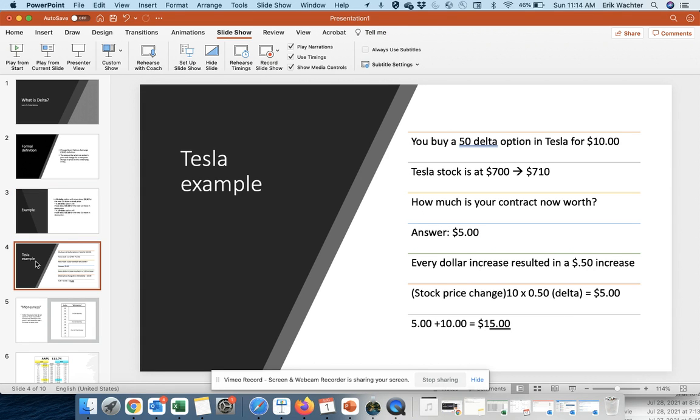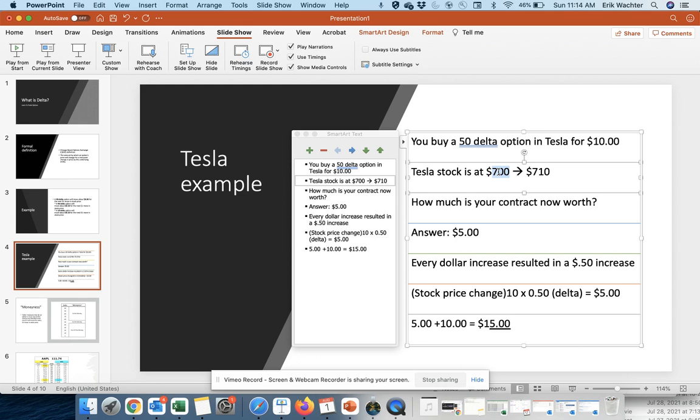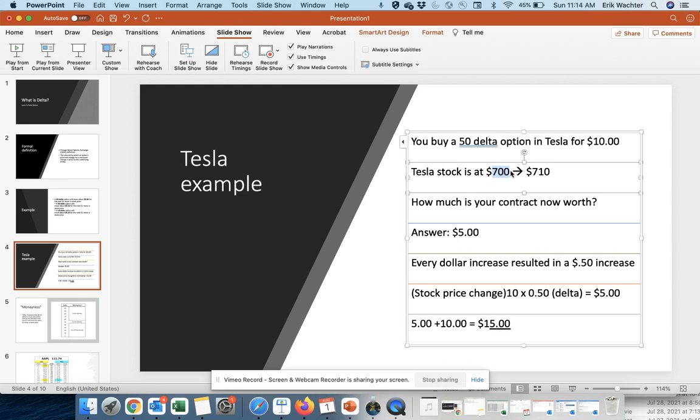Let's hammer this down further with a Tesla example. Say you buy a 50 delta option in Tesla for $10. Tesla stock is at $700, and then it moves up 10 points to 710. How much is your contract now worth?